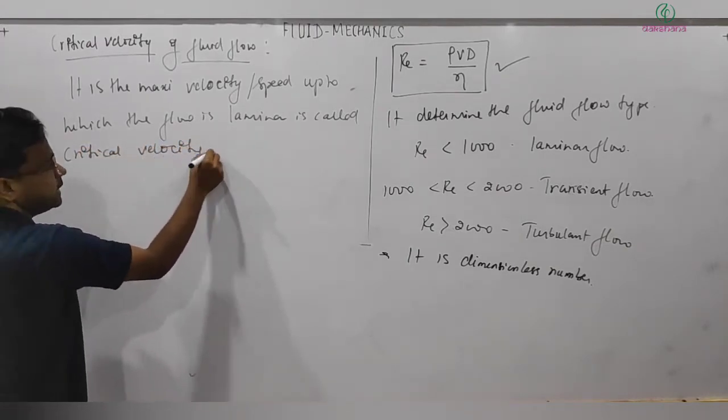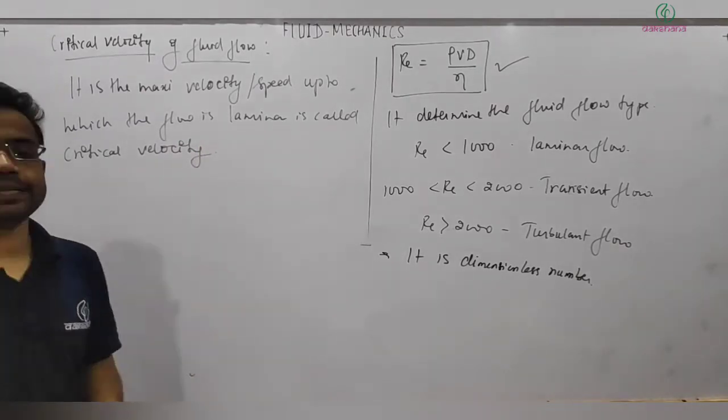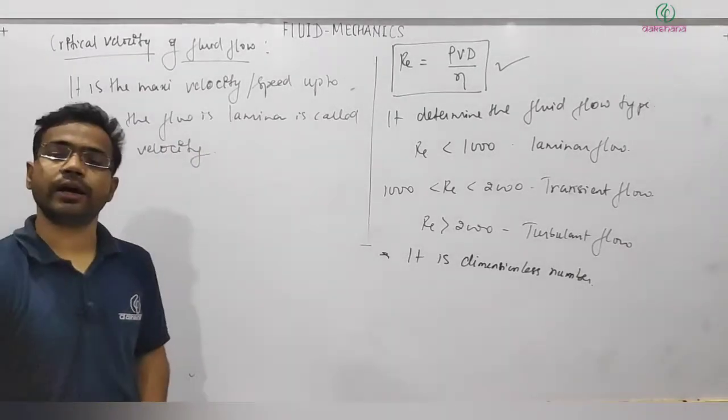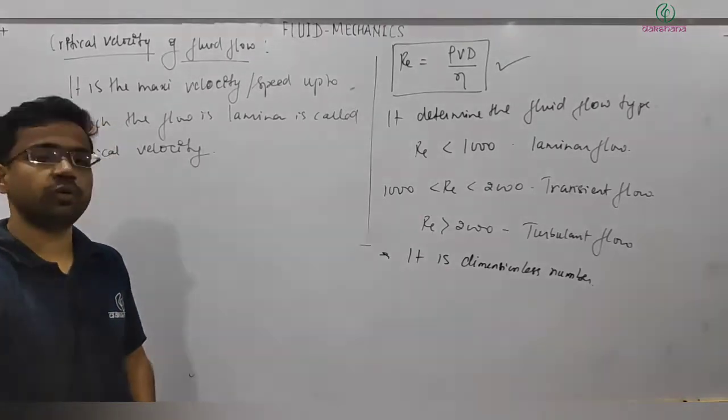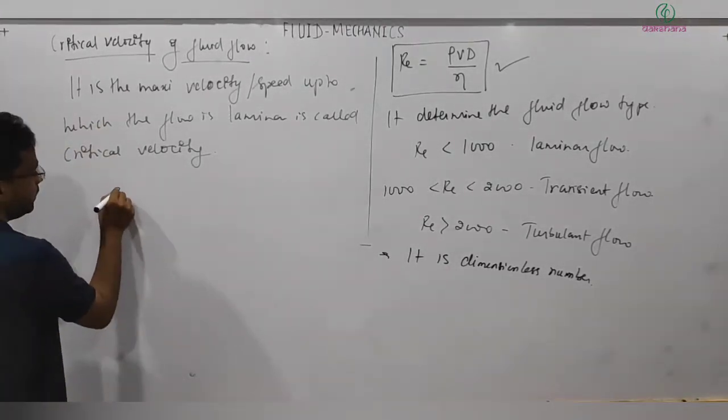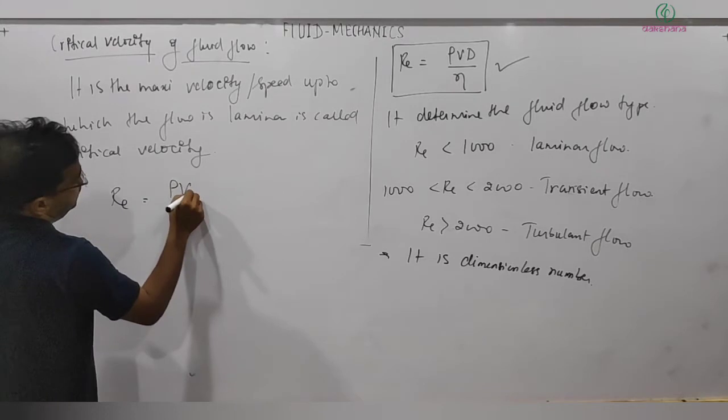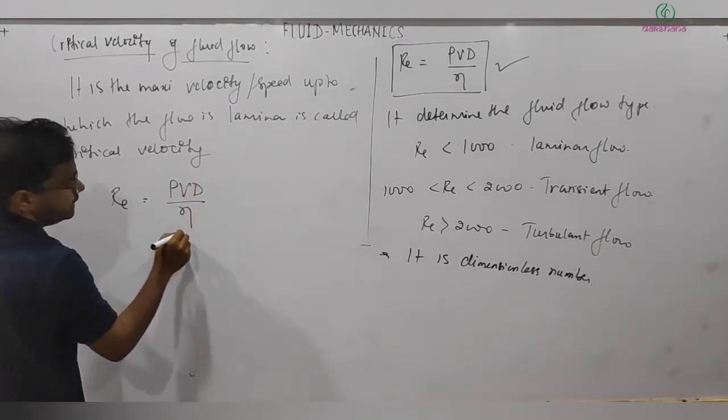So how can I define it for different systems? I will know the Reynolds number for which the flow will be laminar, and we know Re is equal to rho V d by eta.